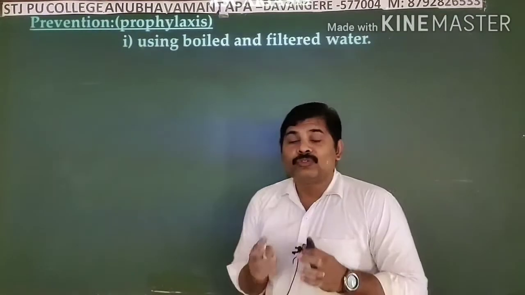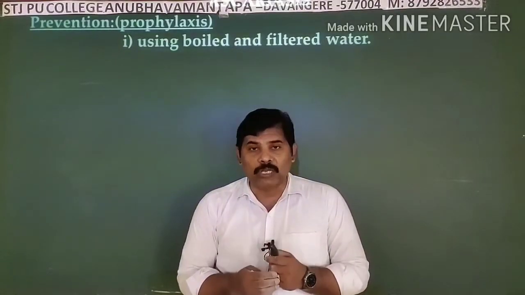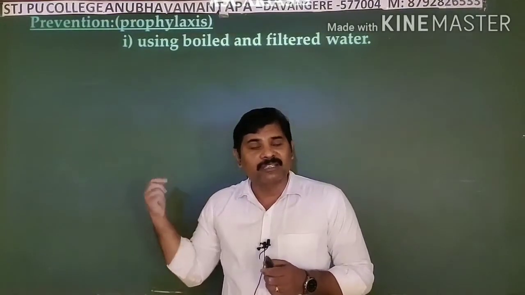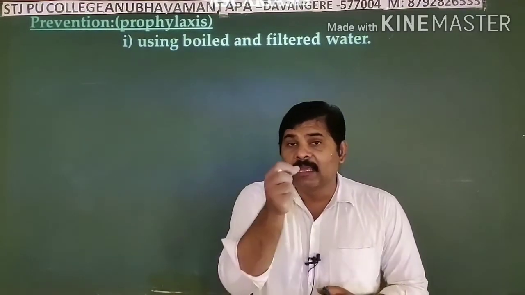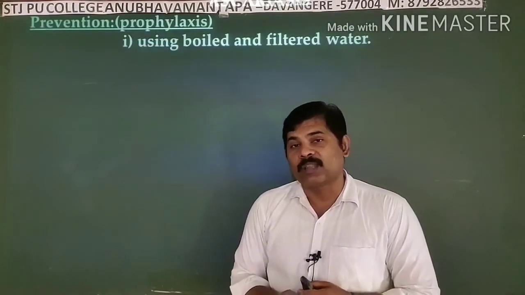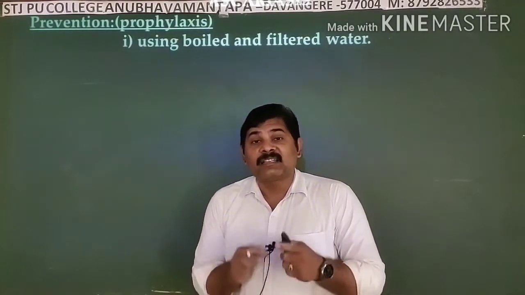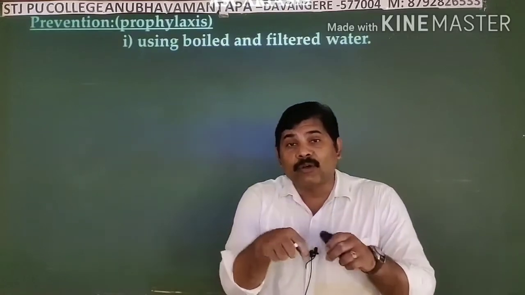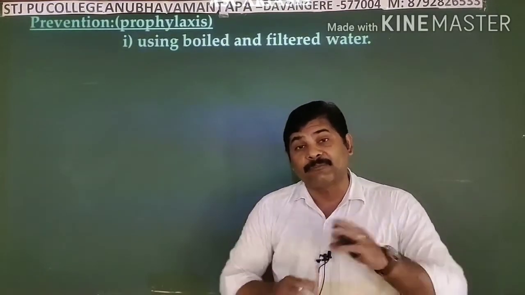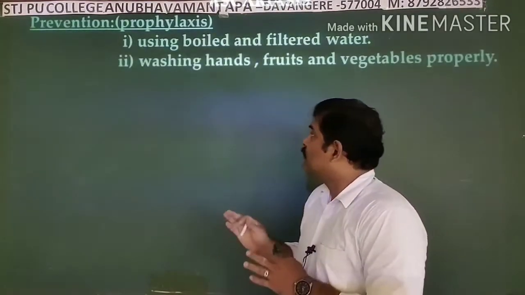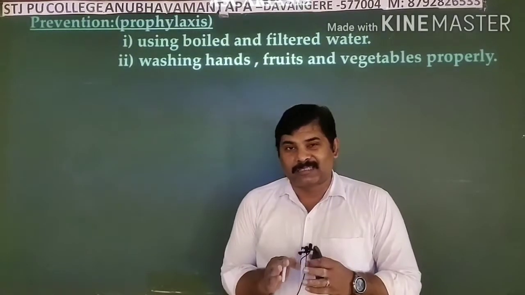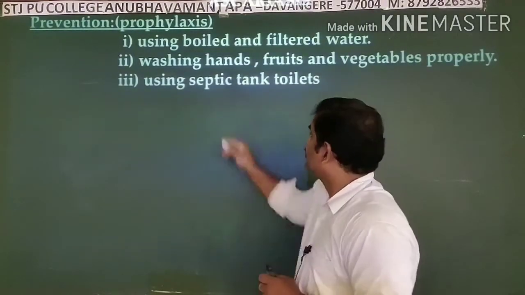First thing is using boiled and filtered water, because this disease gets transmitted by contaminated water. Thereafter, since these eggs are released along with the infected person's fecal matter, the person must use toilets. That is one important thing.